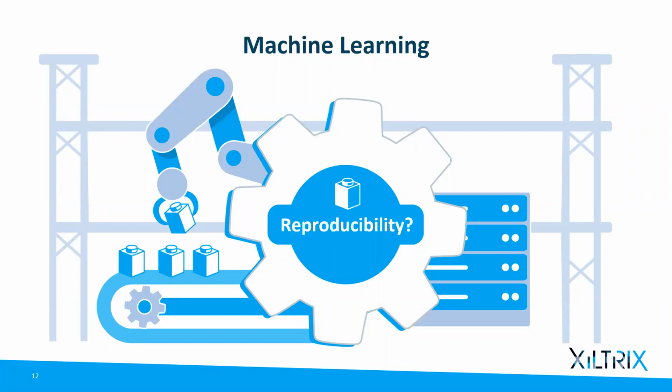So yes, it's going to be possible to detect certain patterns with machine learning, but because a lot of the sites that we work with have to adhere to very stringent regulations, reproducibility of all of those machine learning algorithms is going to be key. If we're not transparent about how the outcome of a certain piece of information was achieved, you're not going to be able to use that in an effective manner.